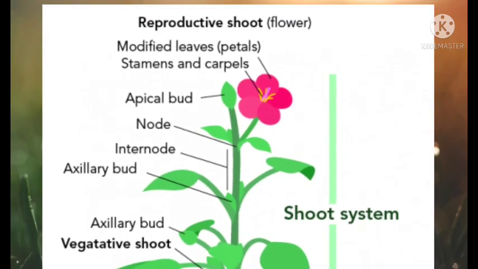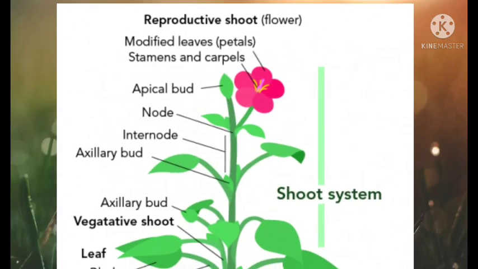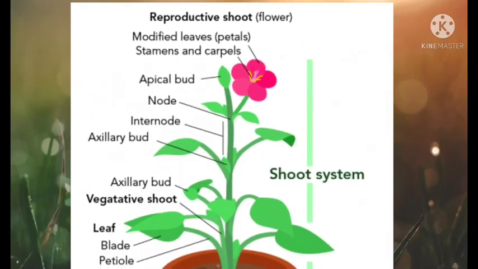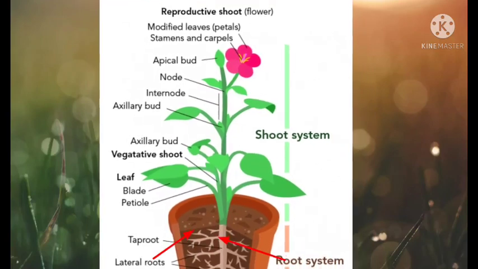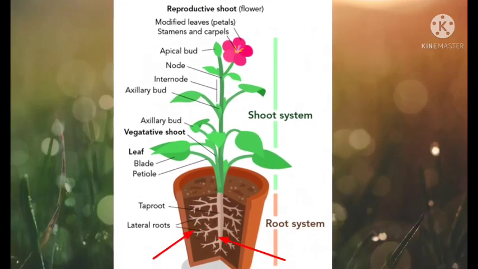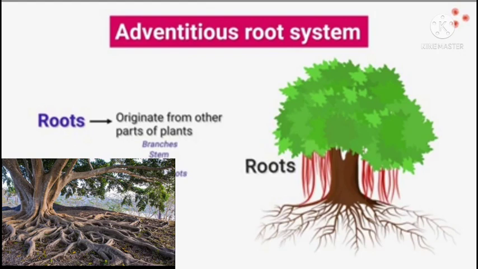Now tell me, where do the roots of a plant grow? The roots of a plant grow below the ground. Can you see the roots which grow below the ground? No, because they grow below the ground, isn't it?